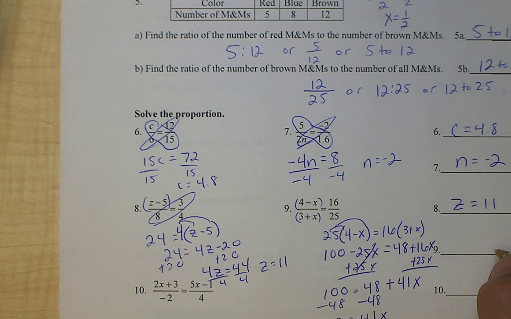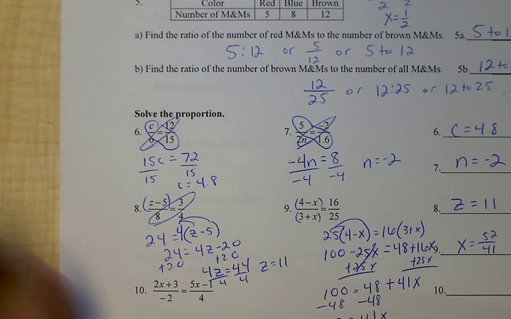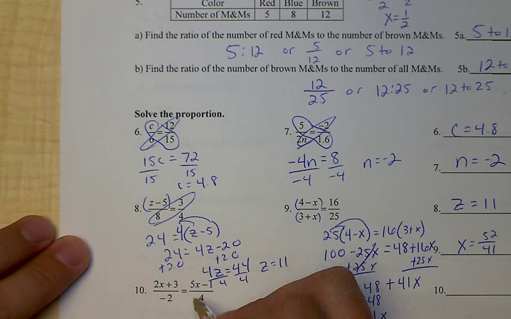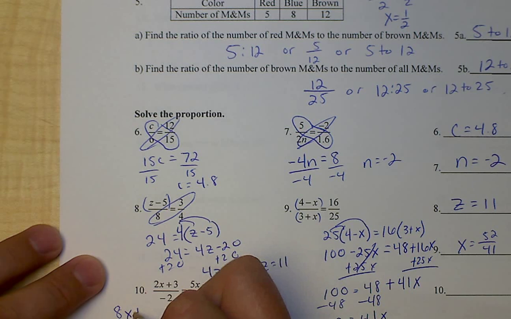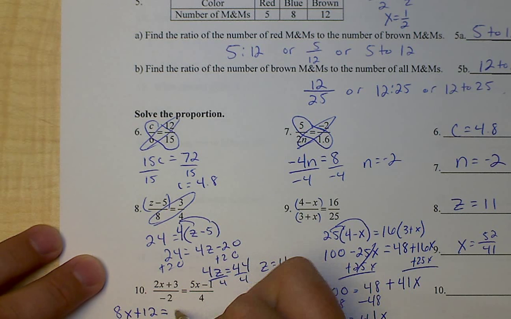Okay, so I'm going to get 52 divided by 41. I get a big number, so I'm just going to leave that as x equals 52 over 41. Okay, over here, same thing. So I get 8x plus 12 equals negative 10x plus 2.